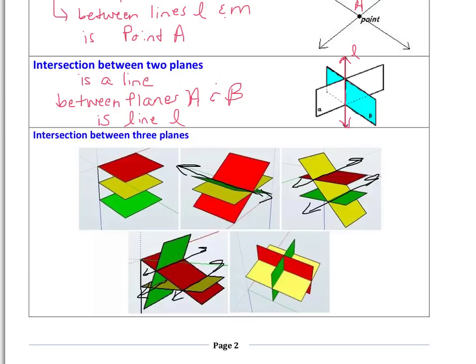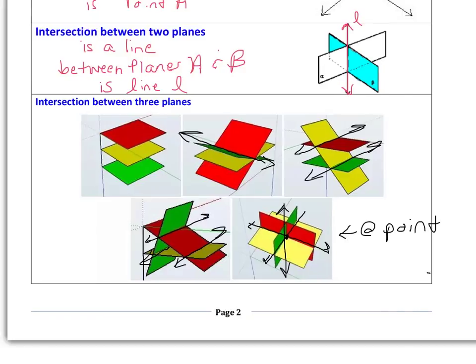And then finally, these 3 planes in this diagram are all coming together at a single point. If you can imagine it, we've got this line intersecting this line, and that is intersecting this line here. So all 3 of those lines are coming together at a point. So hopefully you can observe that.